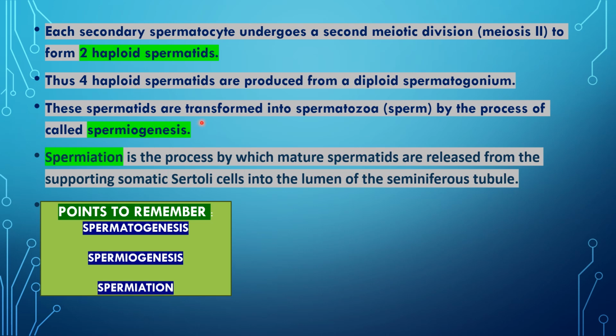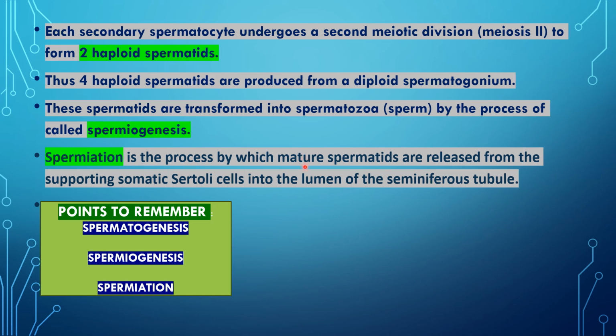These spermatids are transformed into spermatozoa by the process called spermiogenesis. This is the last process where the spermatids are transformed into spermatozoa. And there's one other process which you call spermiation. What is this spermiation?